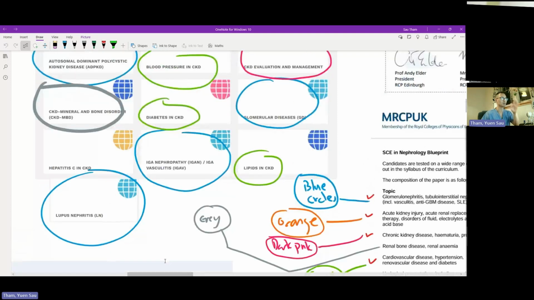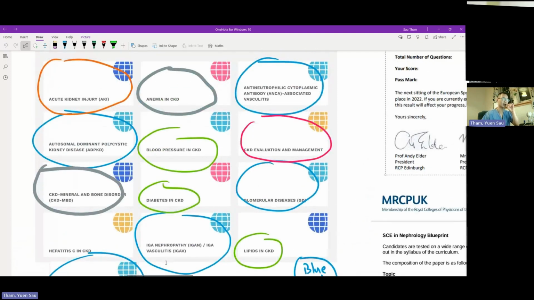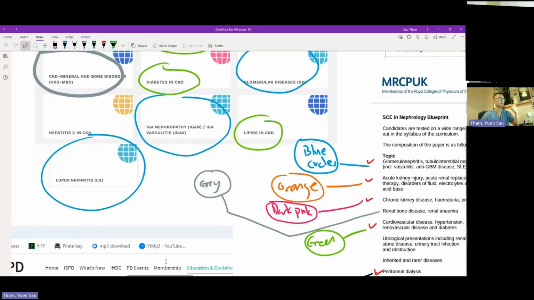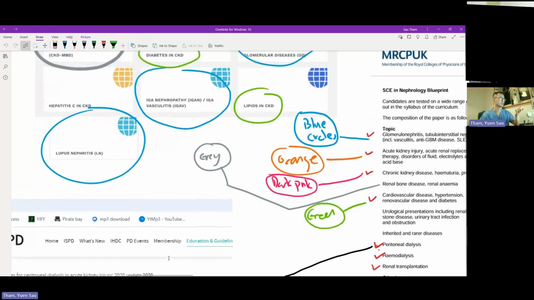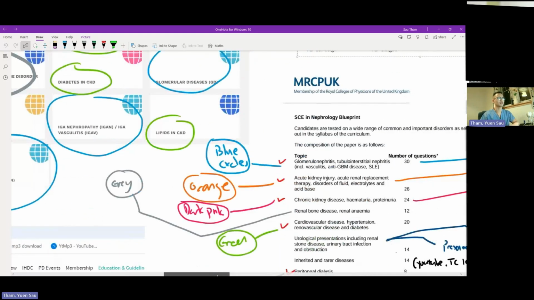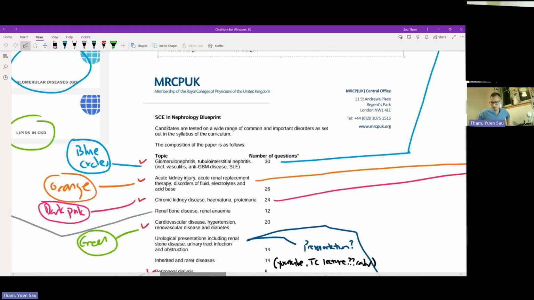But one thing I do want to highlight is that if it's in the KDIGO guidelines, it is fair game, and we will pull things from that to put in the exam. Now, I know you said that you didn't read the KDIGO guidelines. Don't fret, because a lot of the guidelines on the clinical GGC portal are also derived from the KDIGO guidelines.